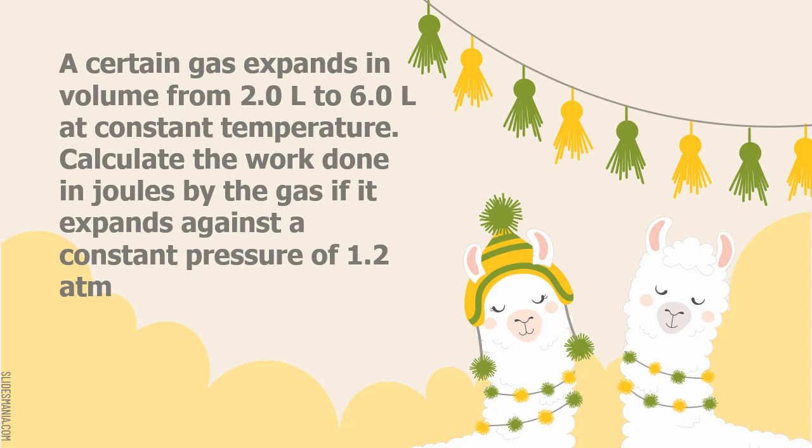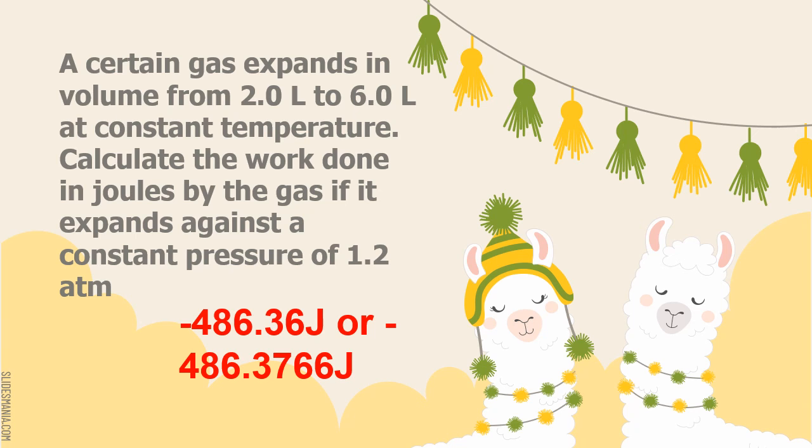Did you get an answer? The answer will be negative 486.36 joules, or it could also be negative 486.3766 joules, depending on the conversion factor that you use to convert atm liter to joules.